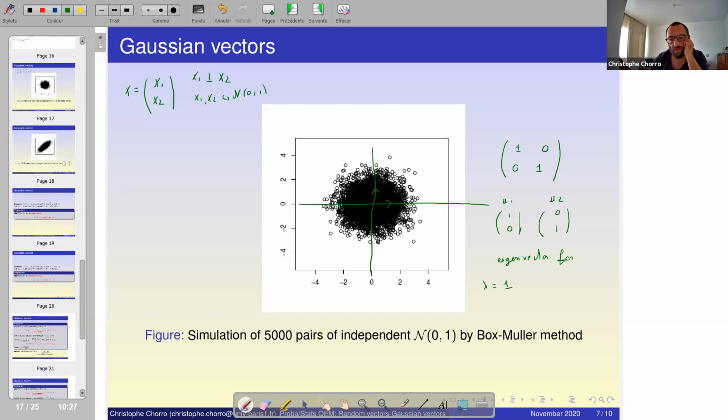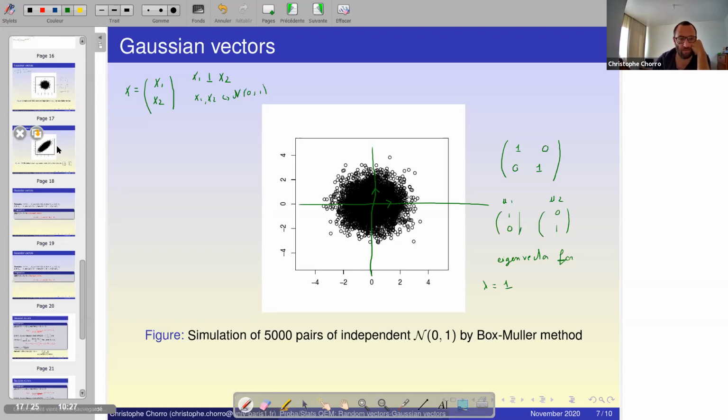I can see that the distance here and the distance here are related to the eigenvalues of my variance covariance matrix, in the case of independence. And since I have a single eigenvalue here, the distances are equal, so that's why I have something that looks like a circle here, okay?